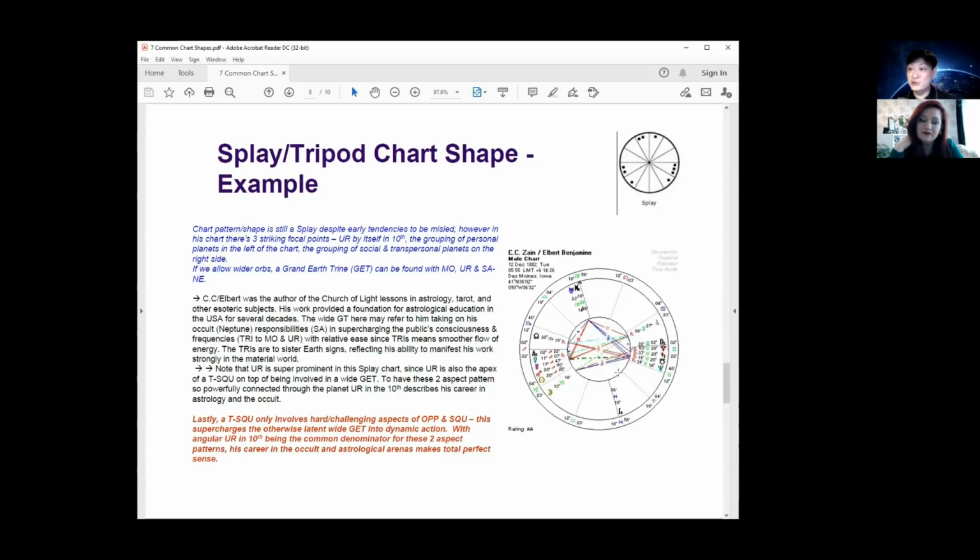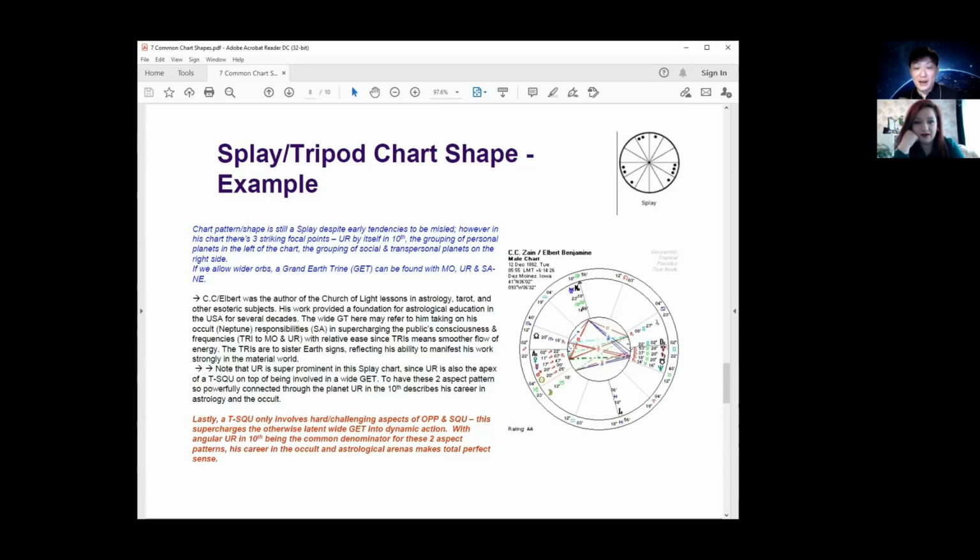So he has a grand trine going on, but that's if we widen our orbs. I think we can widen the orbs because it is the moon. So with the sun and the moon, we can always use the biggest orbs possible. Yeah. Some people even use 12 degrees for any aspects with the sun and the moon. So I think it's fine.